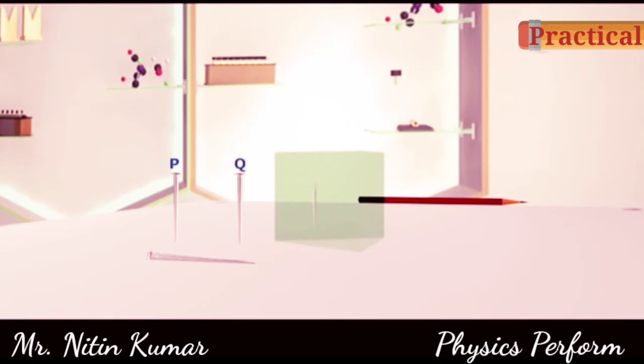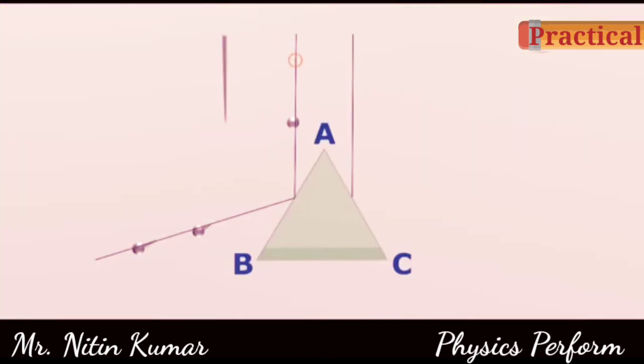Now, looking through the face AB, fix two pins R and S in such a way that the reflected images of P and Q and the pins R and S all lie in a straight line without any parallax. Here, PQ represents the incident ray and RS represents the reflected ray.